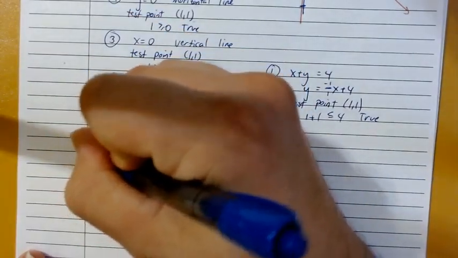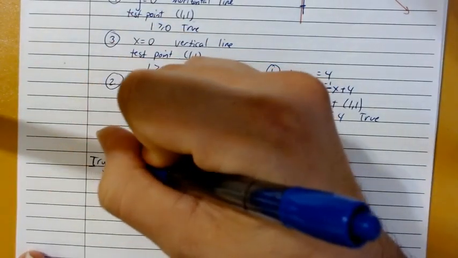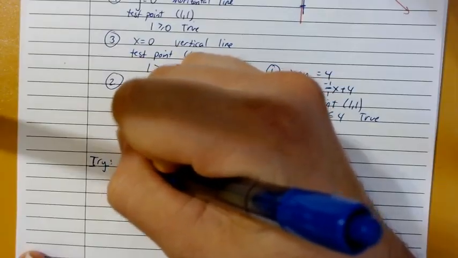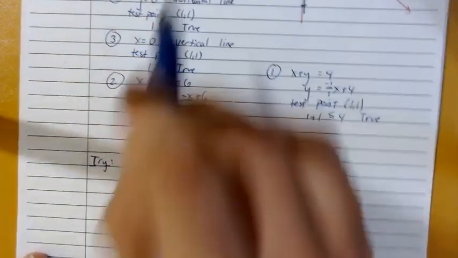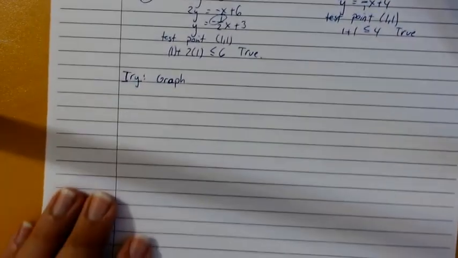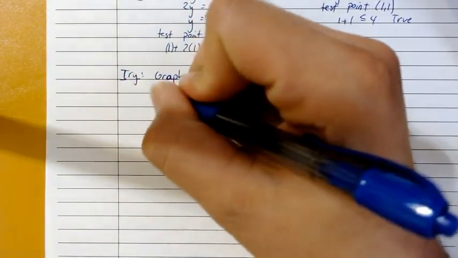So as our last problem here, go ahead and give this a try. You're going to graph the system of inequalities and find the feasible region. Same thing, for the following system. Here you have 3 inequalities.